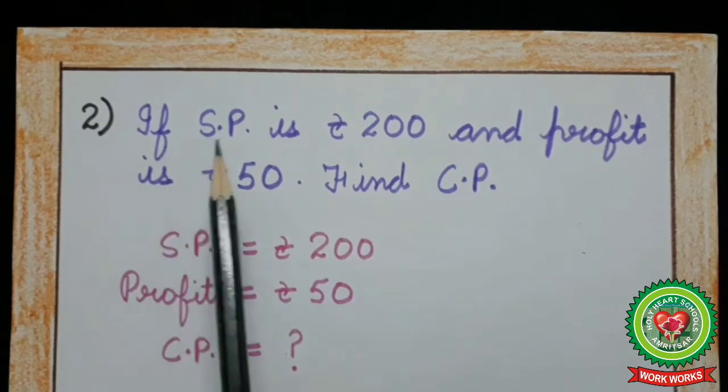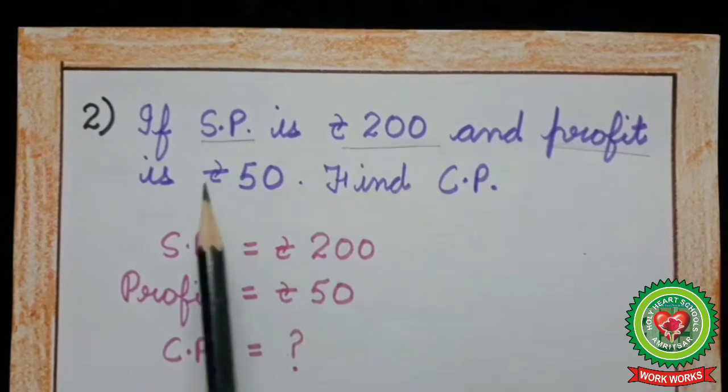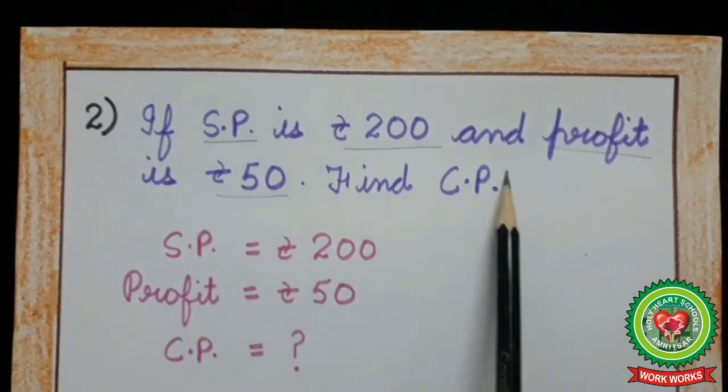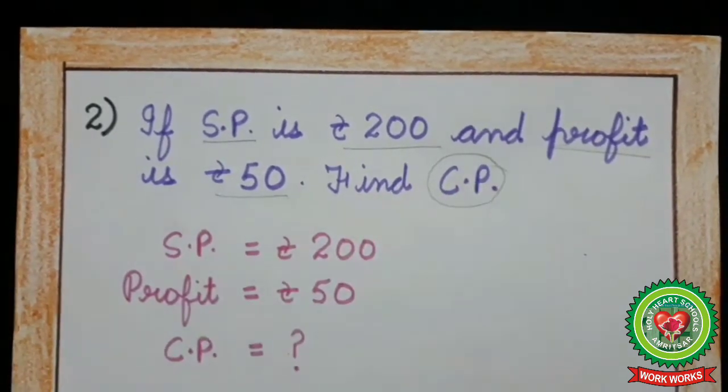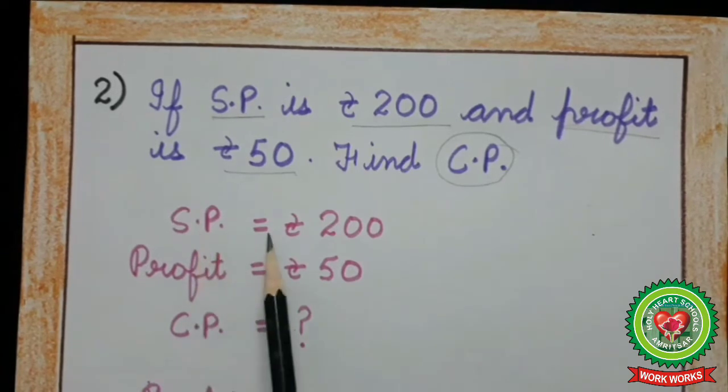Here we have been given SP rupees 200, profit rupees 50. We need to find CP. So firstly we will write down whatever is given and what we need to find. SP is equal to rupees 200, profit is equal to rupees 50, CP is equal to question mark, that we need to find.